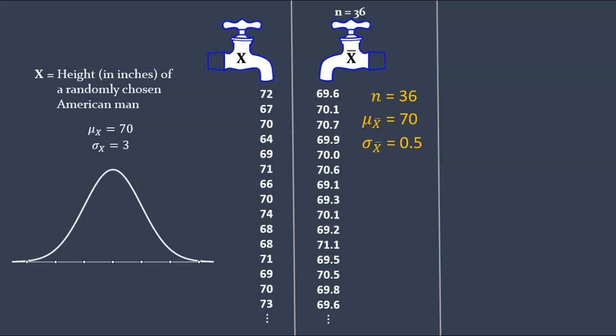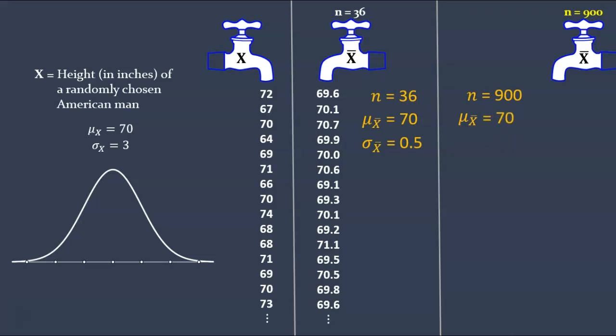We've already discussed how increasing the sample size will reduce the standard error, but it may help to see this played out numerically. Suppose we bring in another version of Xbar, in which we take the mean height of 900 randomly chosen American men. What can we say about this new random variable? Well, its mean is still the mean of x itself, which we know is 70 inches. Now for a more interesting question.